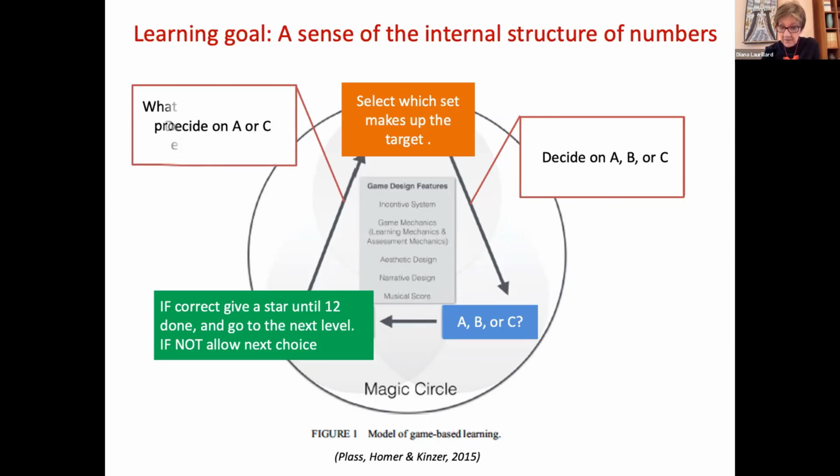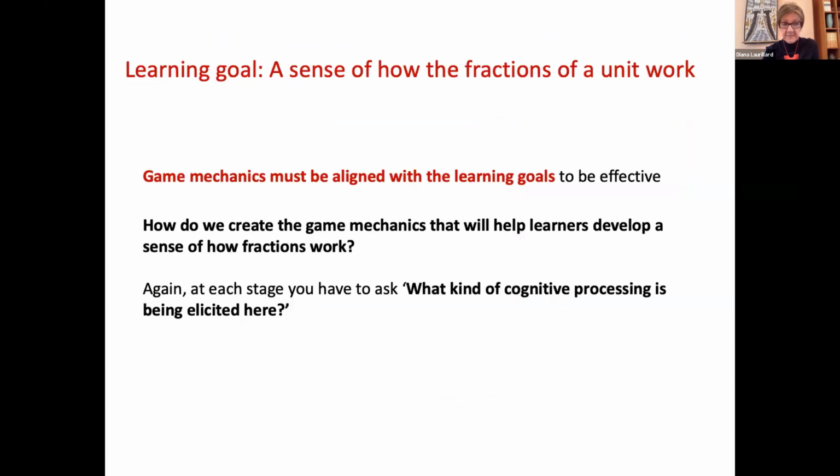And if it's wrong, then they have to decide between the 2 choices now left, and that's all. Now, of course, they may think hard about it, but that kind of complex analytical thinking is not elicited by the game mechanics, and that's really what we're trying to do in any kind of game design.